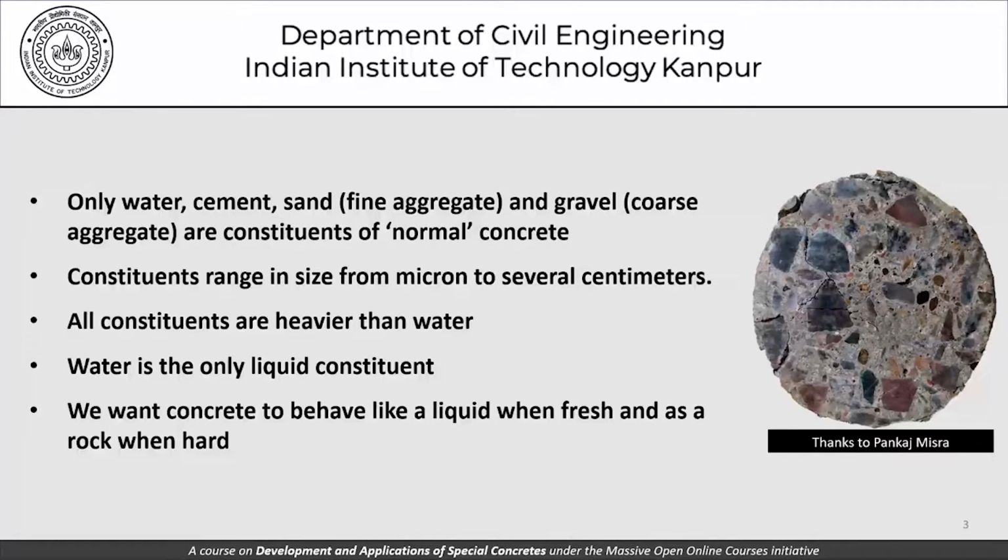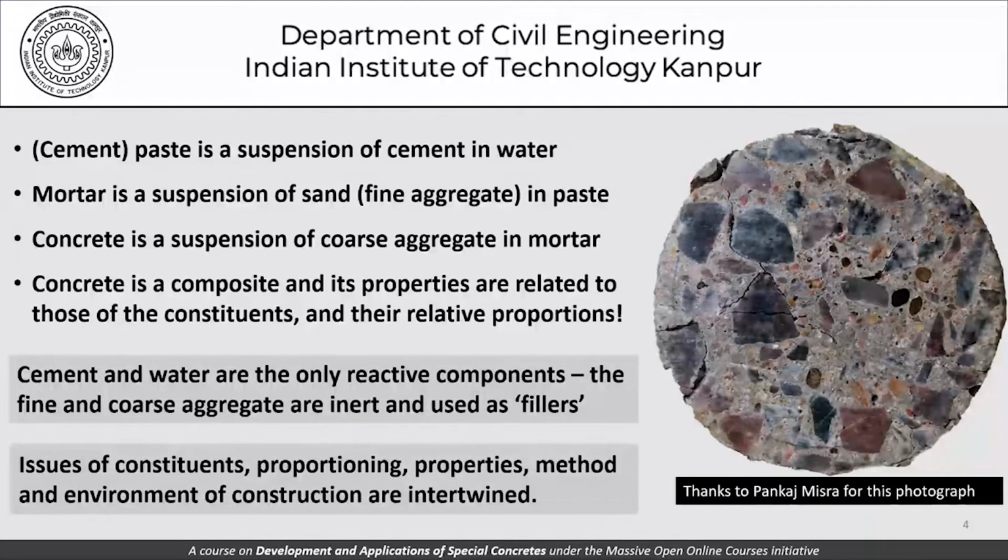When you think of concrete, you must be reminded of this picture, which tells you what the inside of concrete looks like. This one too we have seen before. Things to remember from here are that concrete aggregate particles within this material are separated from each other. The properties of this material are related to its constituents and their relative proportions.